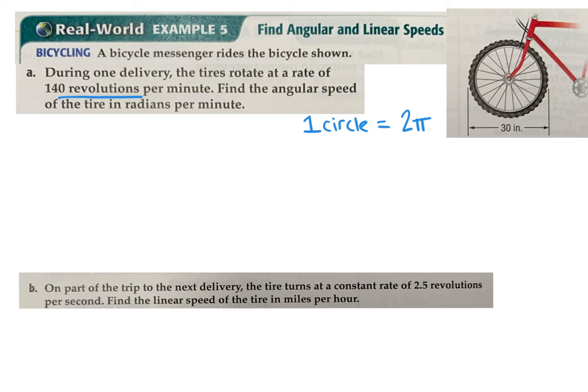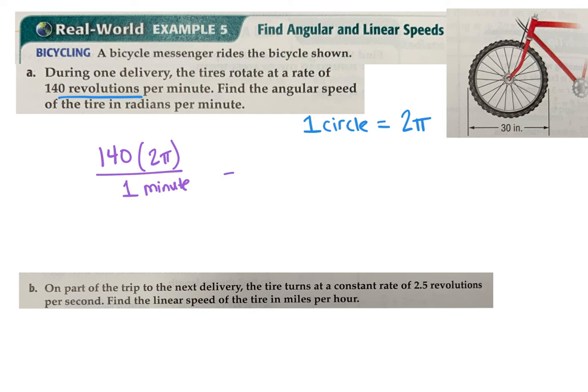It told me how many revolutions I am doing per minute: 140. So I'm going to take one revolution, 2 pi, and multiply it by how many revolutions I am doing, 140 per minute. Easy enough. So if it wants the angular speed in radians per minute, that's rather simple.